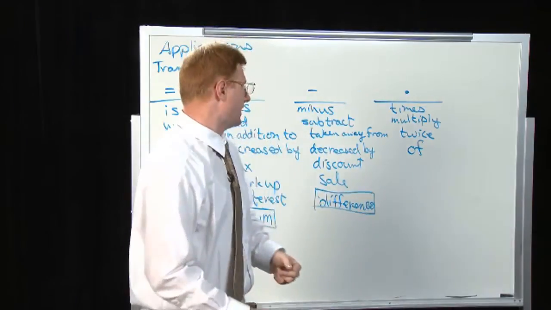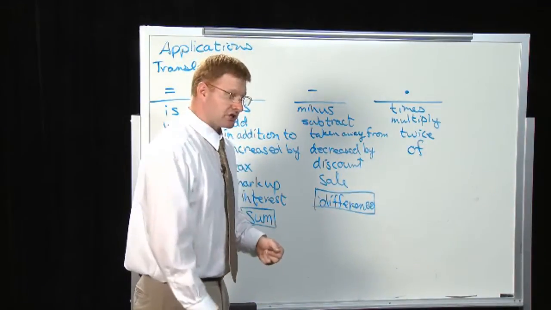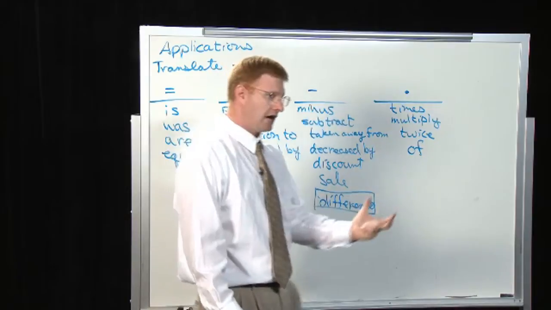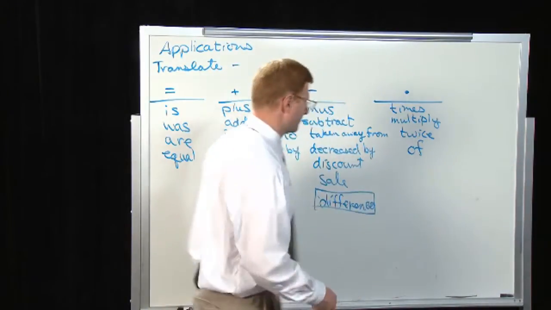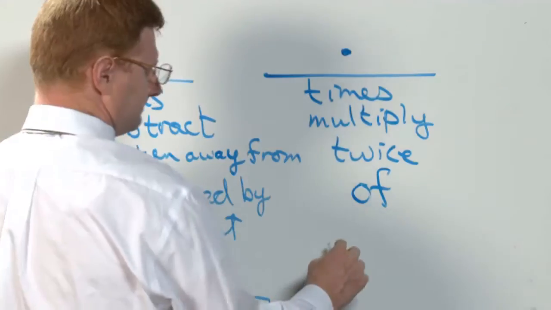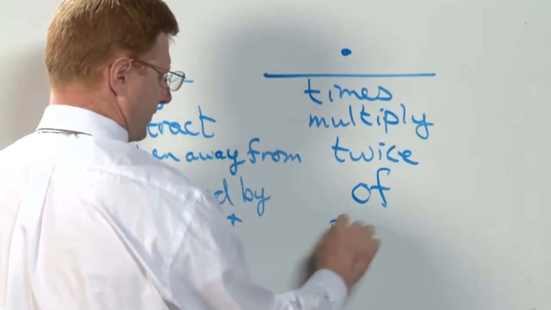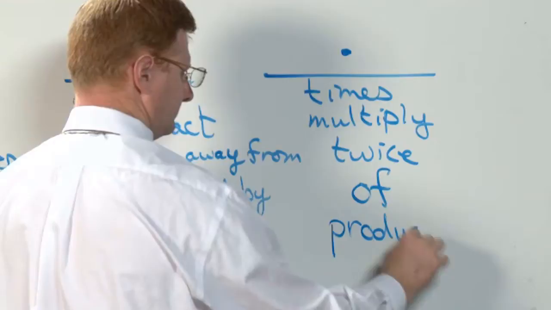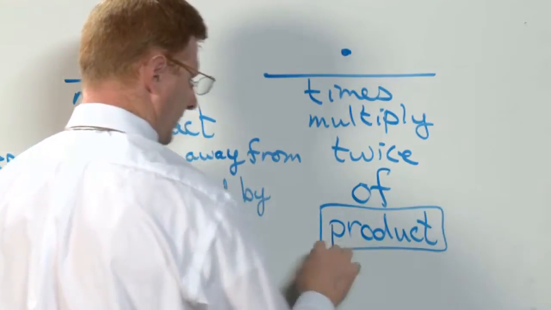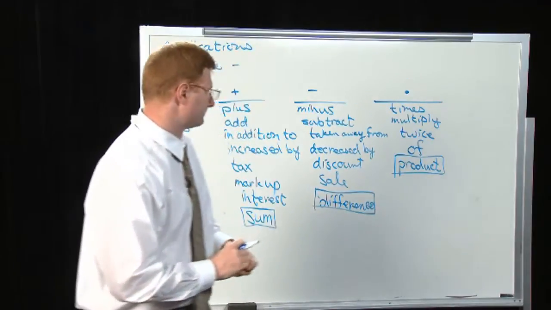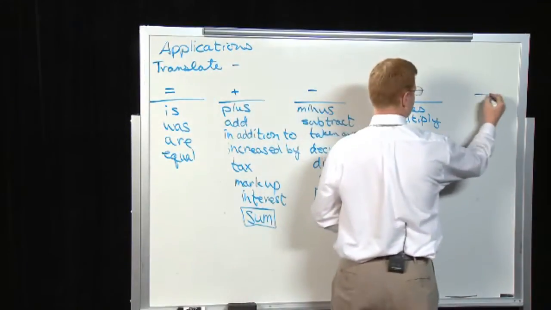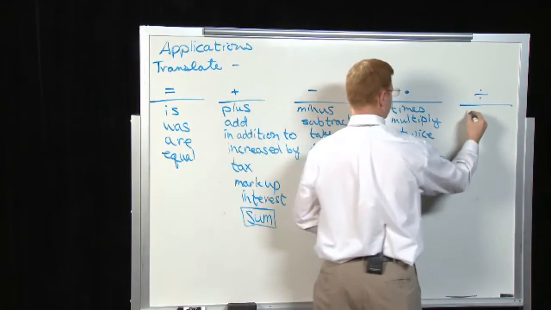You've multiplied them. Same thing when we did percentages. If you take 25% of some number, you're going to take 0.25 times that number. Of is a key one there. And the official math word is product. The product of 6 and 7 is 42. And finally, divide.